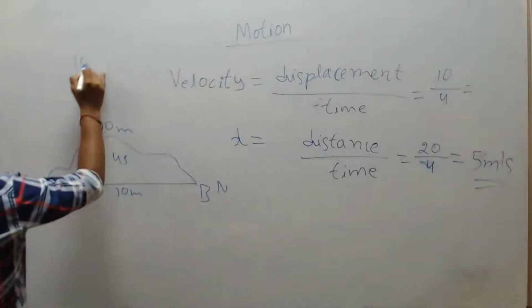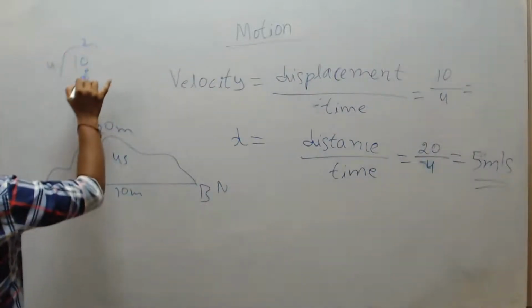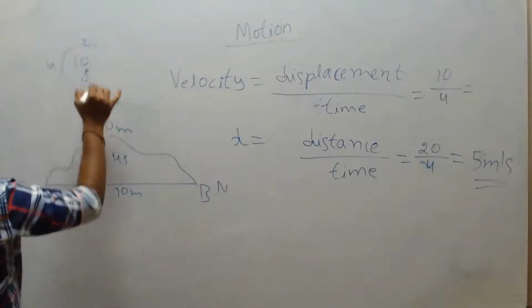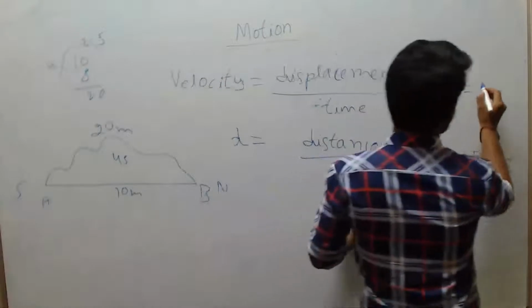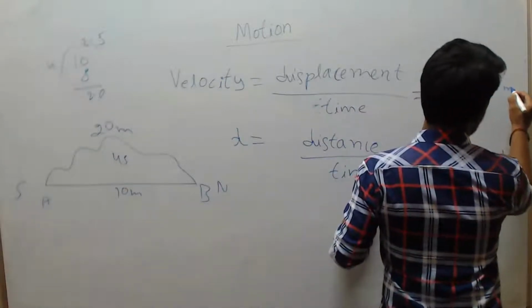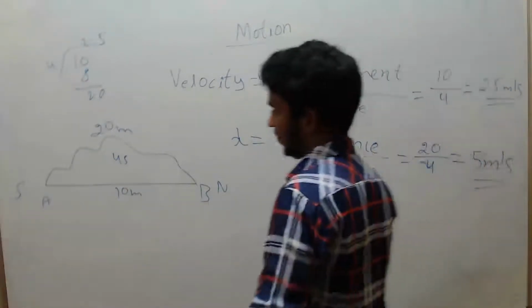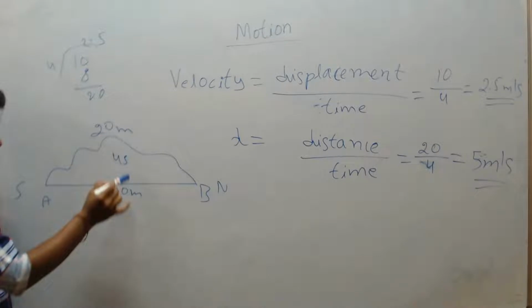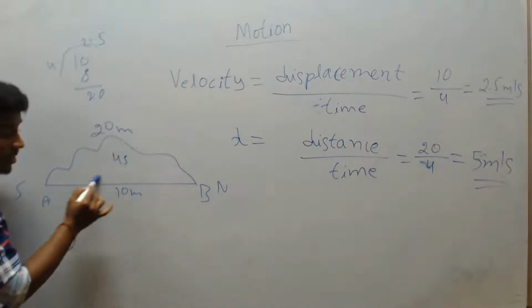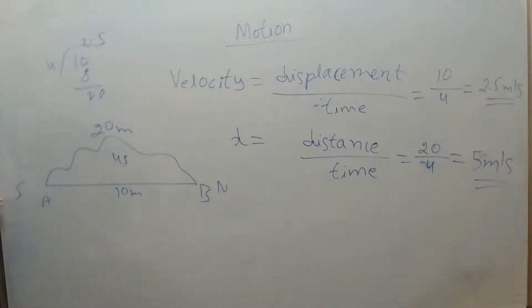Just divide. So 10 by 4 is 2.5. So velocity is 2.5 meter per second. Here, while calculating velocity, we should not consider this path. We should consider the displacement, meaning the shortest distance.